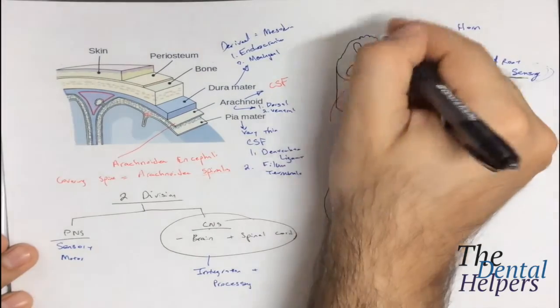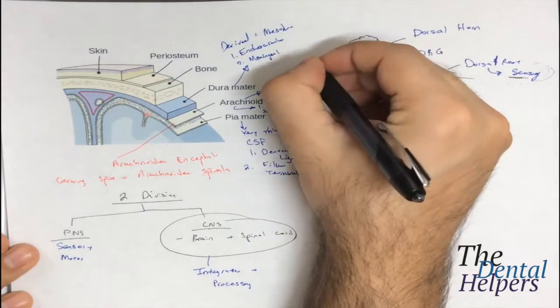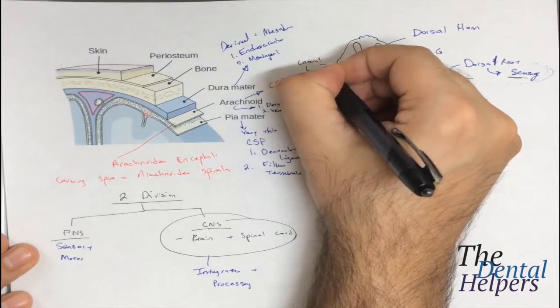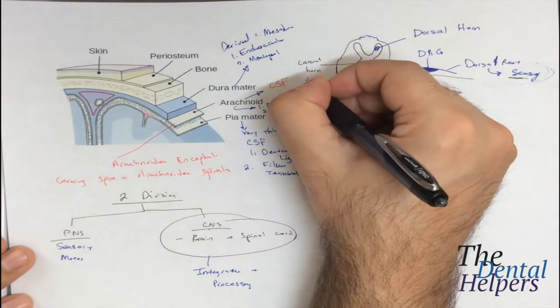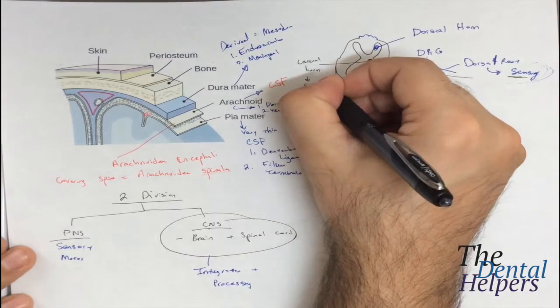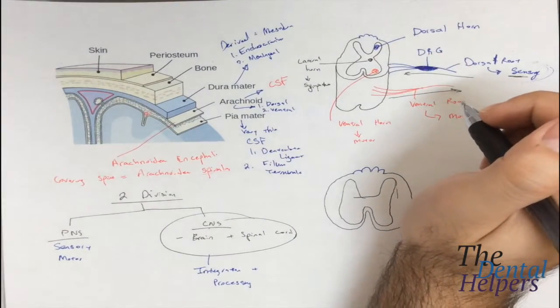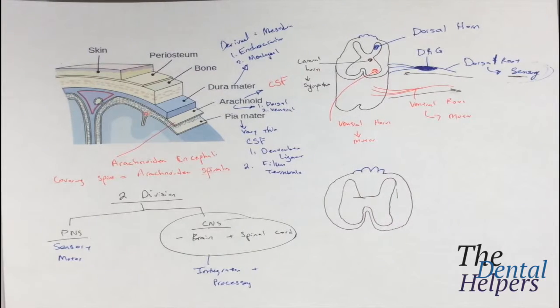And lastly, we have the lateral horn. The lateral horn is strictly sympathetic, and it's only found in the thoracic spinal cord. So it's not everywhere. It's only going to be in the thoracic spinal cord.